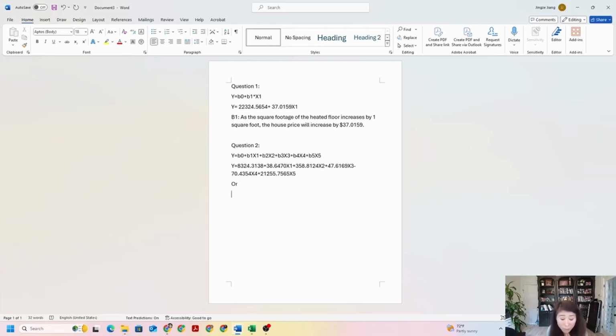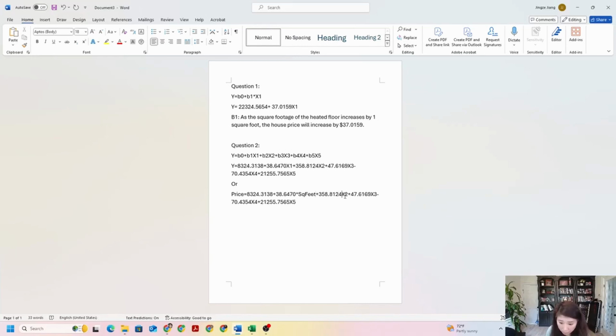Because that helps you to interpret. My y variable is the price, right? The price equals, okay, all those numbers are not changed. My x1 is square feet.